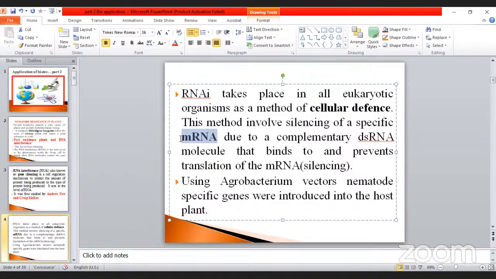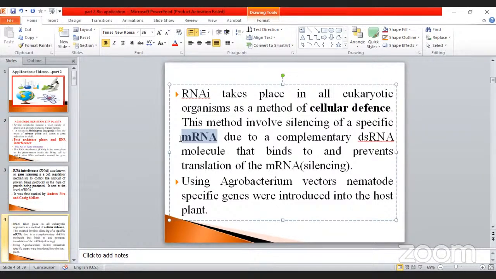Without mRNA, no protein biosynthesis takes place. At the same time, the complete translation process is stopped. So RNAi involves silencing of specific mRNA due to the complementary double-stranded RNA molecule.